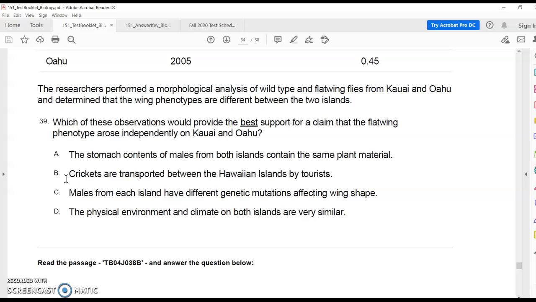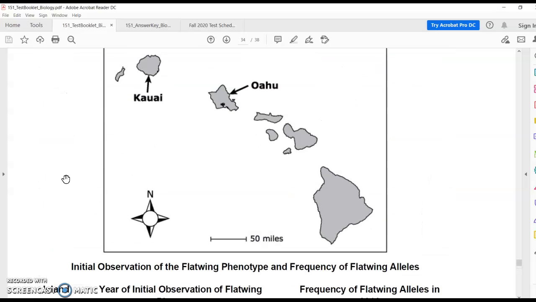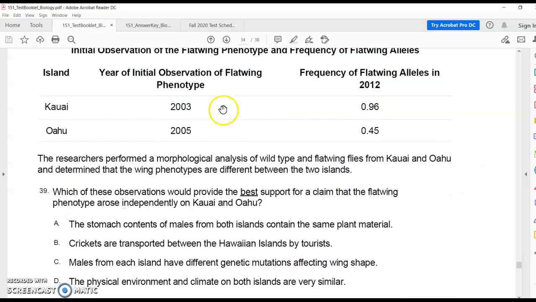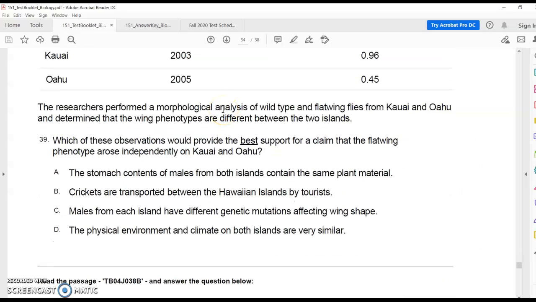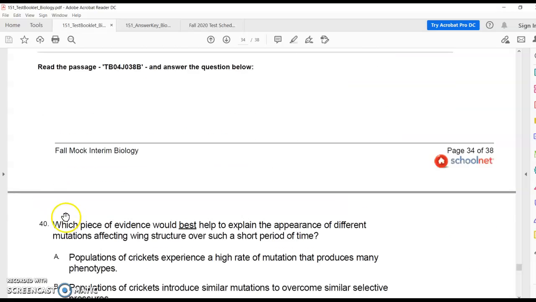So males from each island have different genetic mutations affecting wing shape. So since they're on islands, Kauai, if I'm pronouncing that right, I'm sure I'm not, and Oahu, they're islands, so they're not going to influence each other, and so they had separate mutations that occurred to those crickets, and so it'd be C.